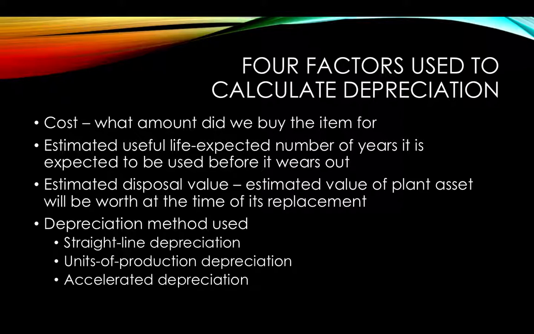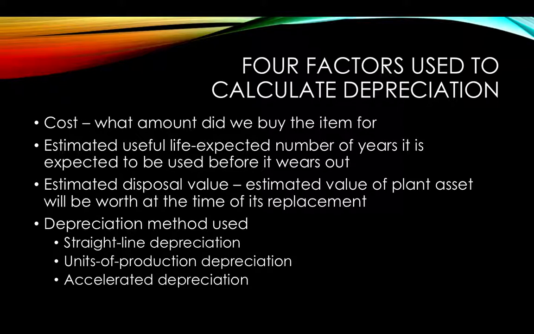So at the end of that useful life, what is that plant asset worth? We're going to replace it, and when do we need to replace it? That's the estimated disposal value. And then, how are we going to calculate our depreciation? There are 3 main depreciation methods, and kind of 4 because accelerated depreciation can be counted as 2.